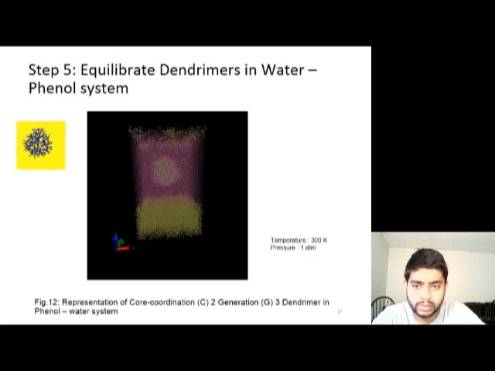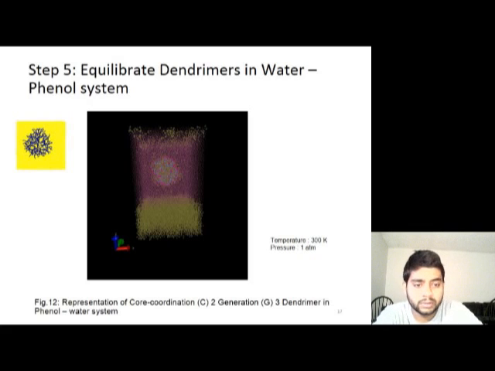And the equilibrated dendrimer with the drug molecules was kept inside the water box, and this water box was saturated by a bottom phenol layer. We use this bottom phenol layer to saturate the water box. Otherwise, it tries to make phenol droplets inside the water box.